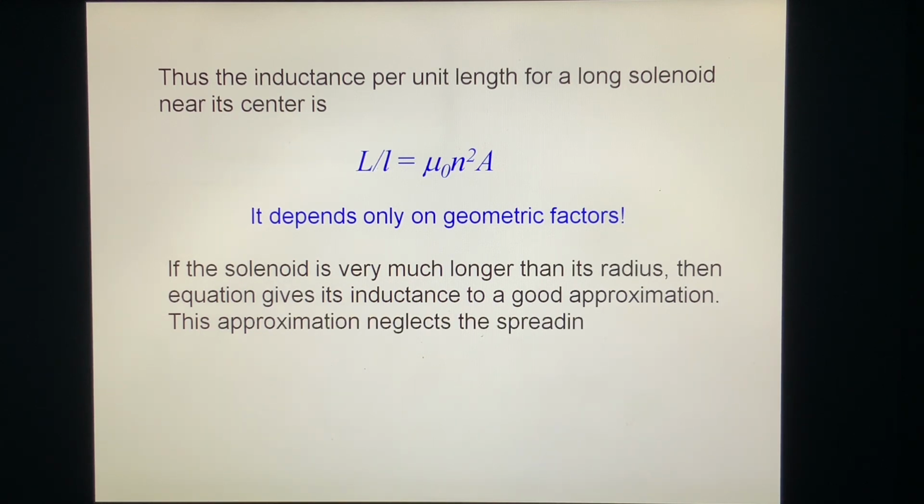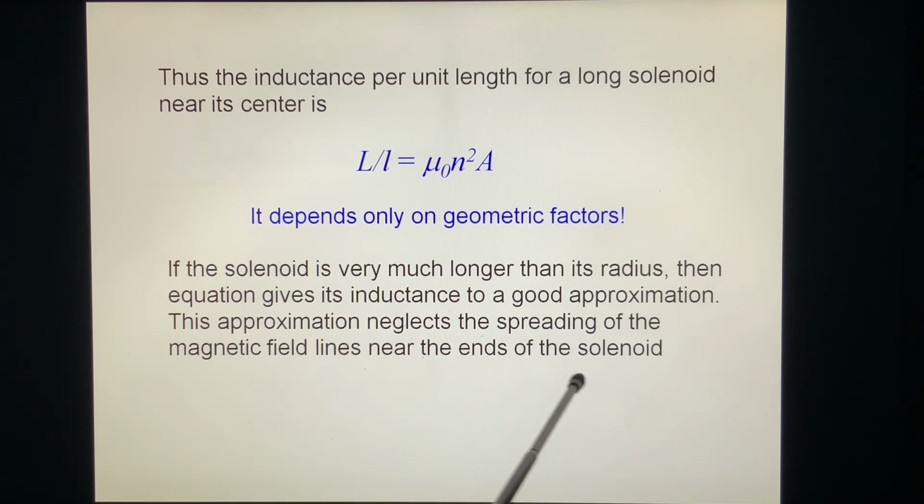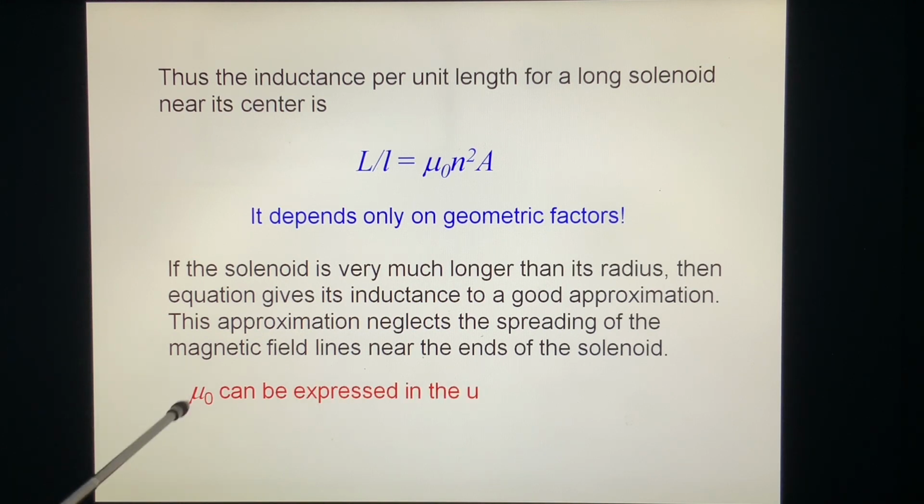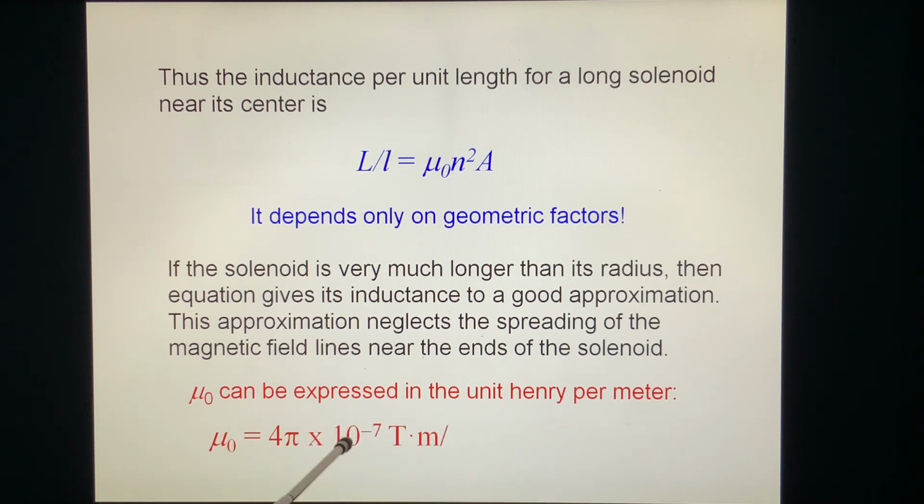This approximation neglects the spreading of the magnetic field lines near the ends of the solenoid. Mu 0 can be expressed in the unit Henry per meter. So mu 0 equals 4 pi times 10 to the minus 7 Tesla meter per ampere, equal to 4 pi times 10 to the minus 7 Henry per meter.